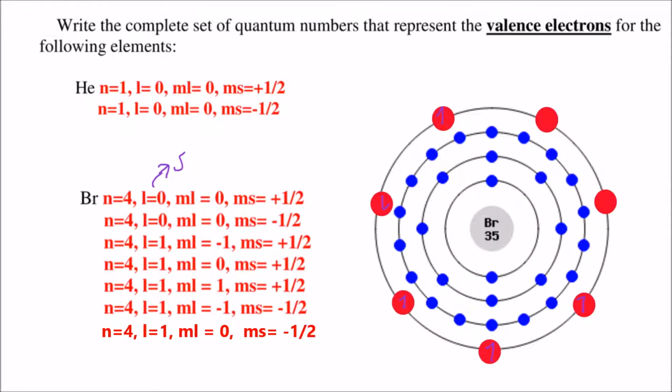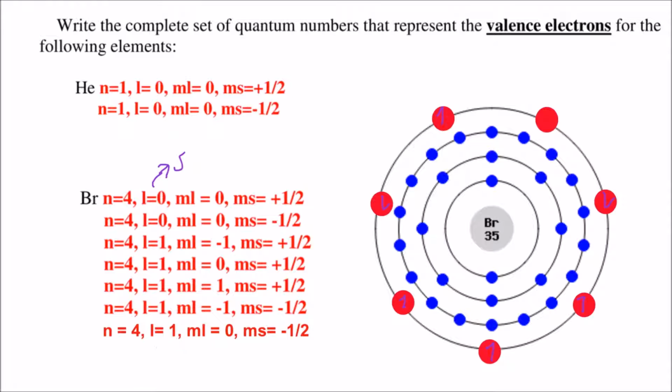Then we get to the last set of numbers. We're still on the 4th quantum number. L is still equal to 1 because the p orbitals are not all the way full yet. Each one of them only has 1 electron so far. So we're going to go back to the px orbital and give it its second electron, which means that electron has to be a counterclockwise spin. So our last electron here is still going to be in the 4th energy level.